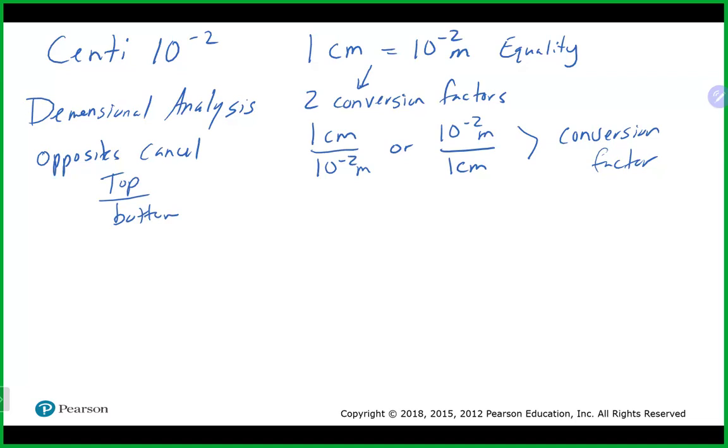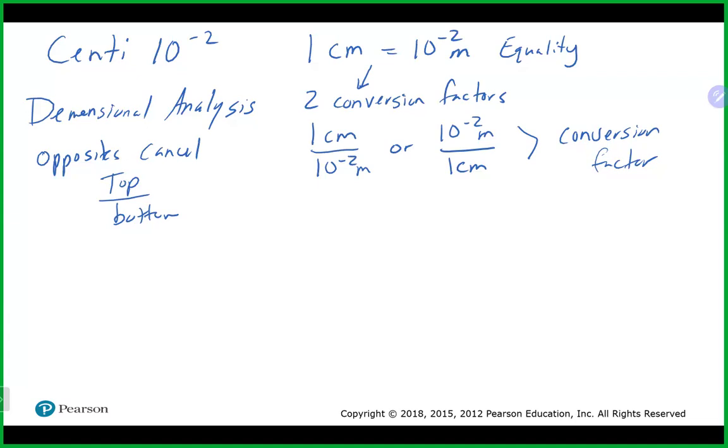So we either have the unit we want to get rid of on top, which means to get rid of it, we need to put the same unit on the bottom, or we have the unit we want to get rid of on the bottom, and to get rid of it, we put it in the opposite location, which would be up on top. So always opposites cancel each other out.